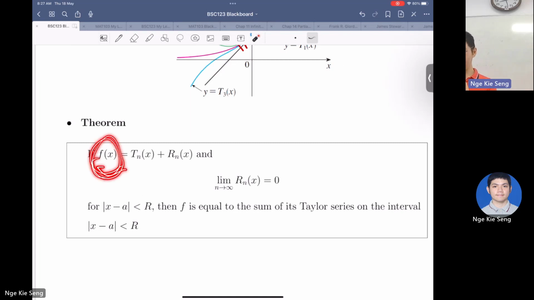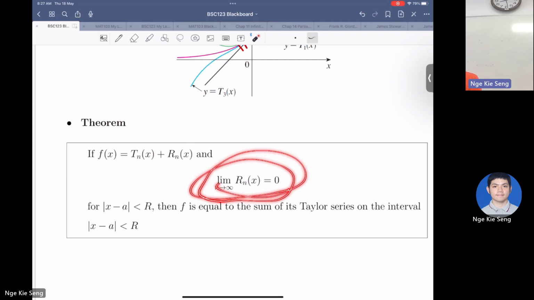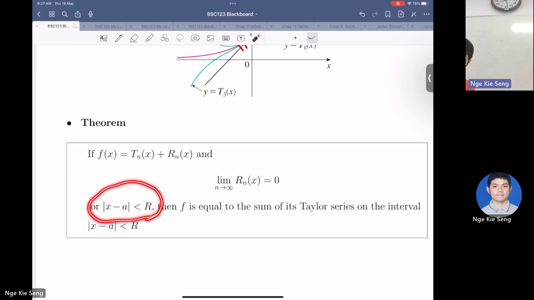If your function can be written as the n-degree polynomial plus the remainder, and the limit of your remainder goes to 0 when n goes to infinity, for x within the radius of convergence, then f is equal to the sum within the interval of convergence. Does this sentence make sense or not? You don't need to know why, but making sense is enough.